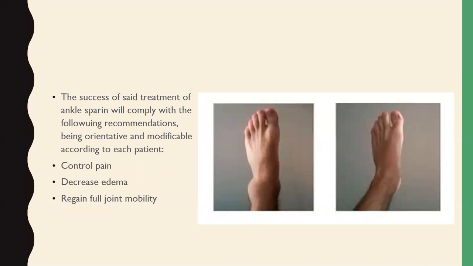Once this objective has been achieved, we must pay close attention to making the shortened structures of the lower limb and spine more flexible, strengthening the stabilizing muscles of the ankle, and the progression of exercises in landing and then in partial and total load, so that the return to the activities of daily life and sport practice is fully satisfactory.